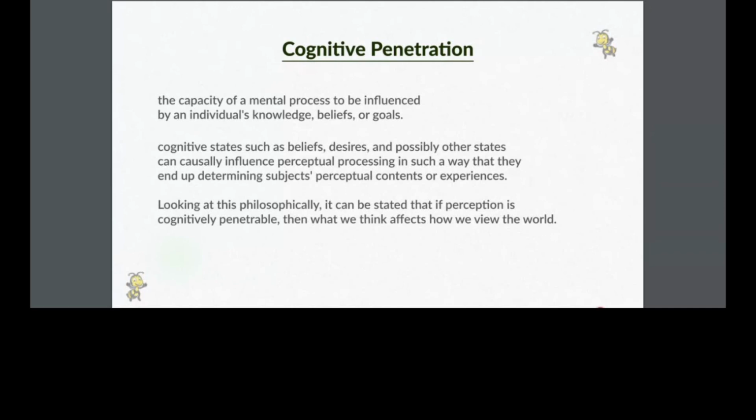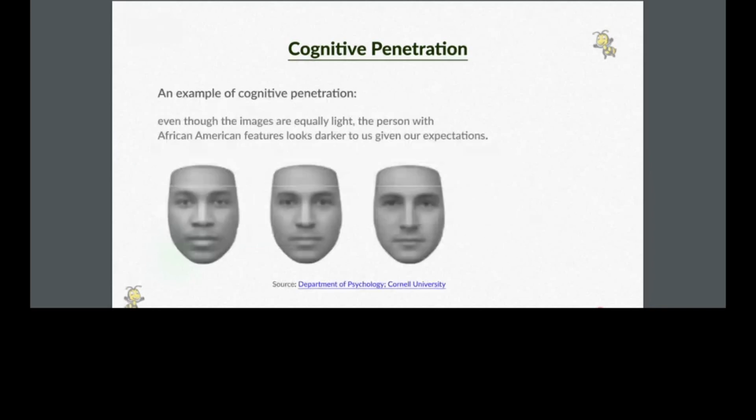So when we look at this, we are meant to understand that a lot of persons' view on how things work in the world is based on their experience, or based on their beliefs, either religious or cultural, or even based on the goals they have set in place for themselves. And we have an example of cognitive penetration. We have this image showing three different races, or three different groups of people.